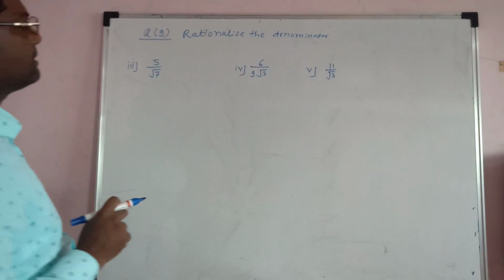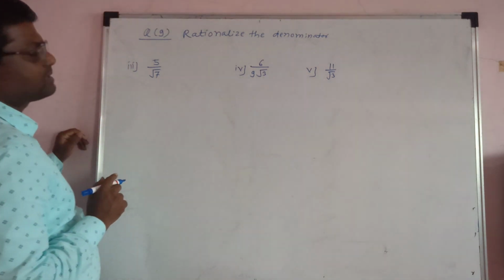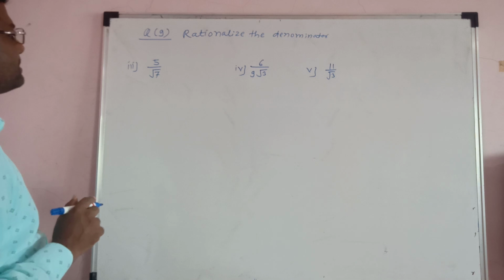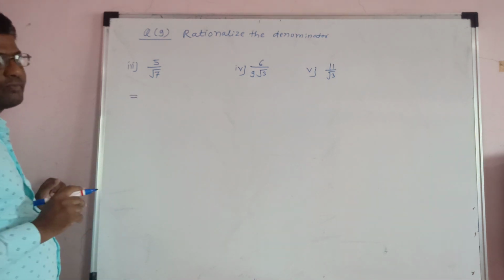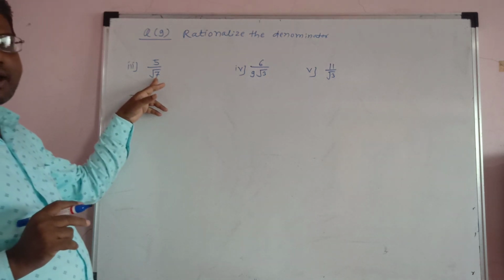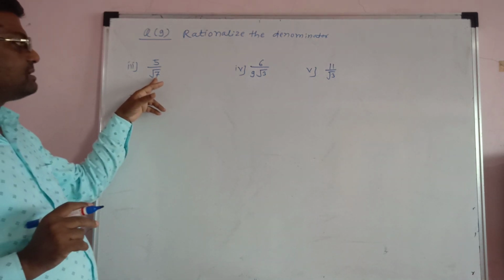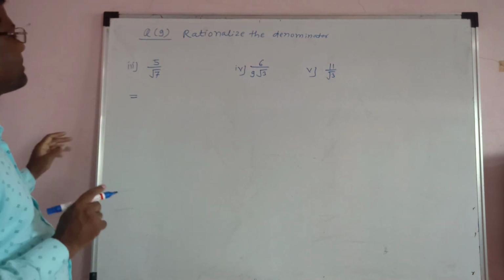Question number 9. Rationalize the denominator. Example number 3. 5 upon root 7. We have to rationalize the denominator. In the denominator there is a root 7, and the rationalizing factor of root 7 is root 7 also.